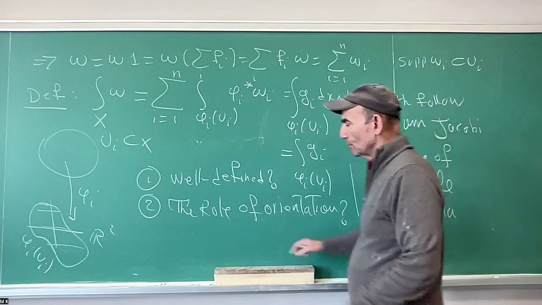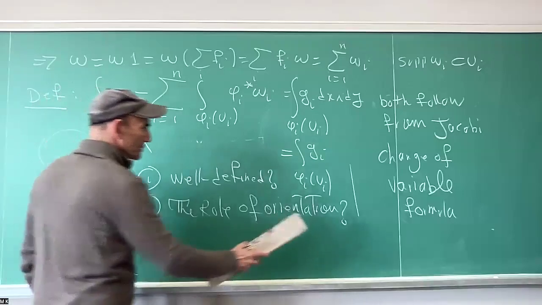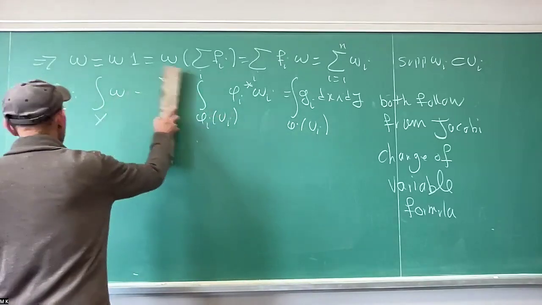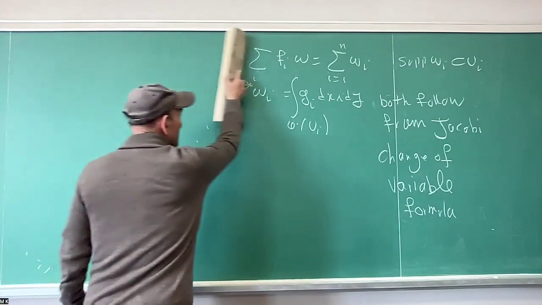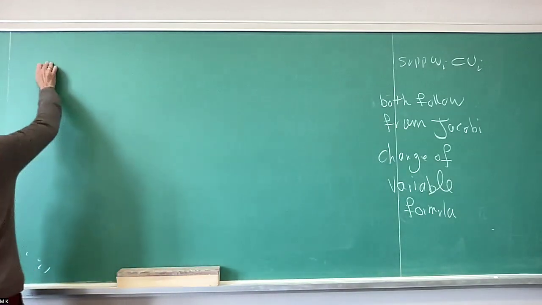It has a beautiful geometric interpretation in terms of forms that's absolutely transparent. Let me tell you what it is, and then I'll tell you where this is needed. So basically, the result is the following.